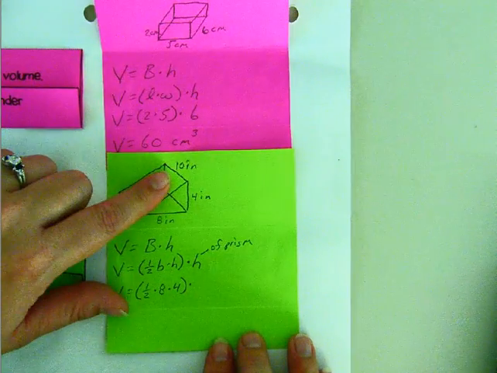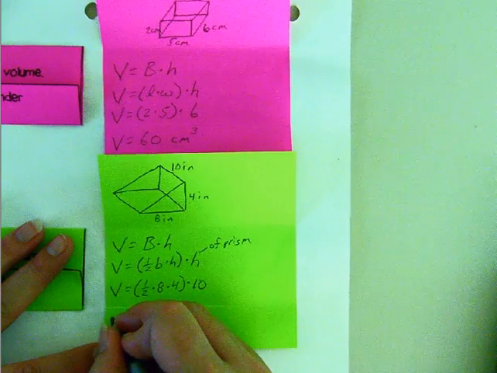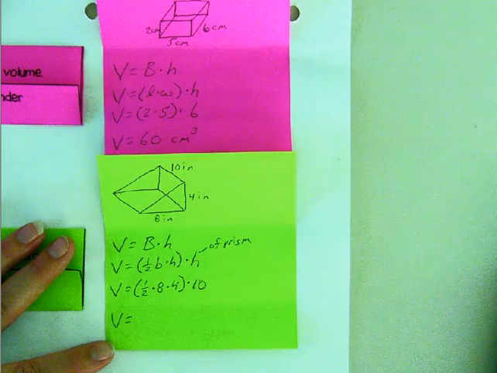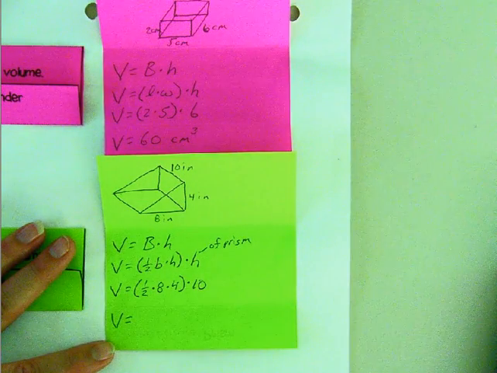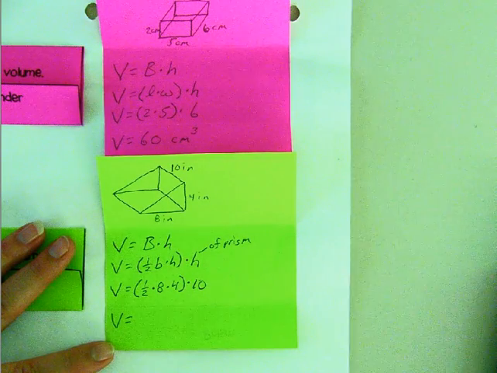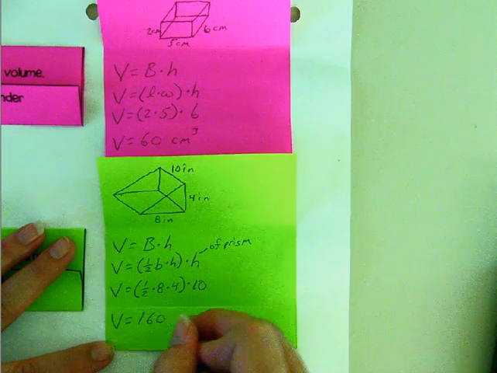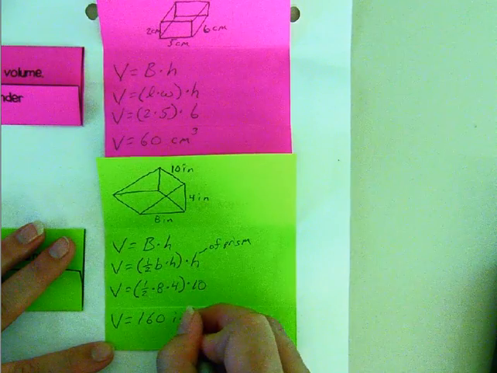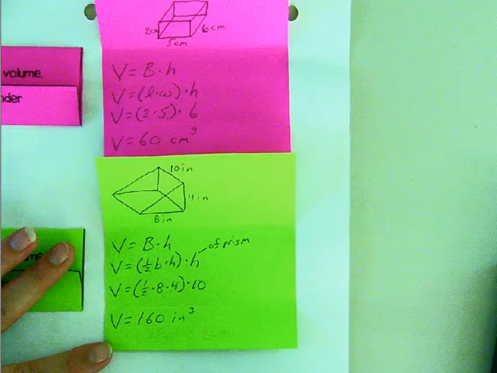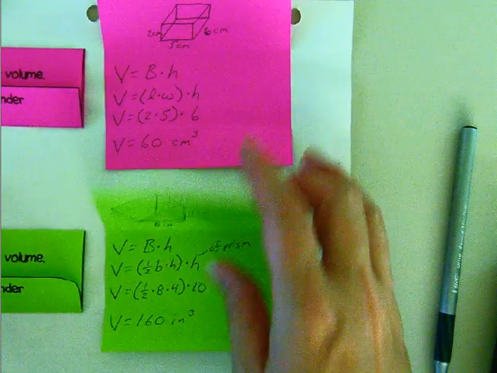Okay, and that's my 10. So that's where that goes. So volume equals, we're going to take 1/2 times 8 times 4 times the 10. And we get 160 inches cubed. Okay, so there's a couple different examples of using these different formulas.